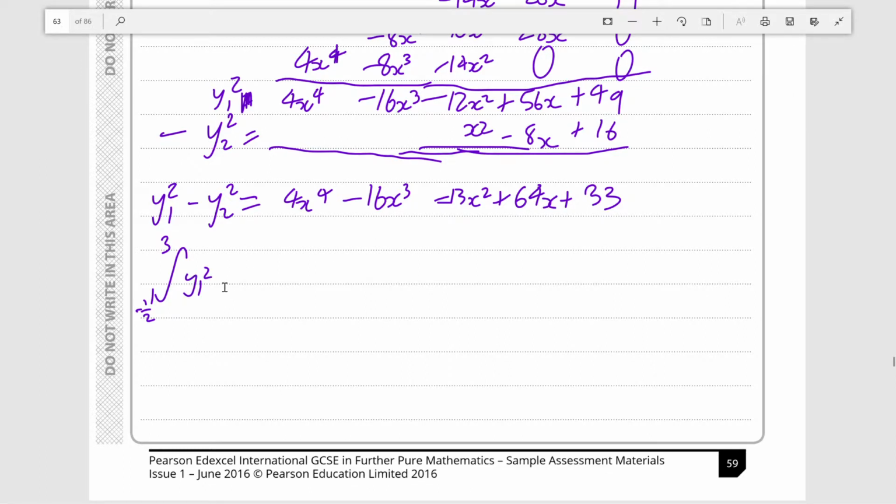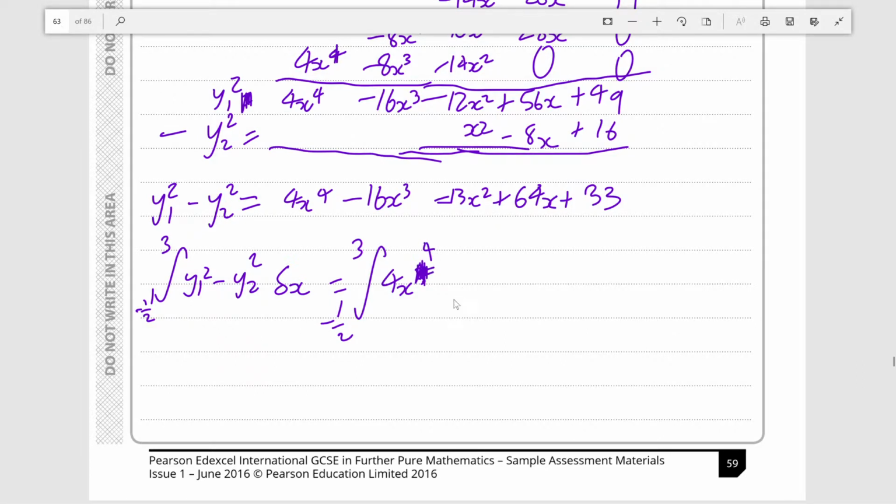So y1 squared minus y2 squared dx from minus 1 over 2 to 3 is equal to, now I'm just writing out this expression again so it's clear what I'm doing.